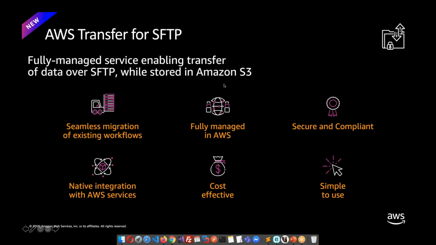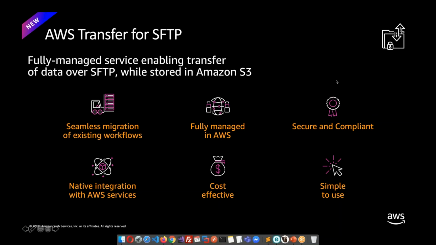But if you want to use SFTP for transferring data to Amazon S3, you need to leverage this additional service, which was actually released this year by AWS. It has seamless integration with your existing workloads. It's fully managed by AWS, secure and compliant.